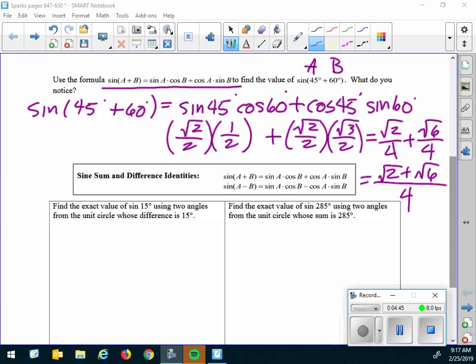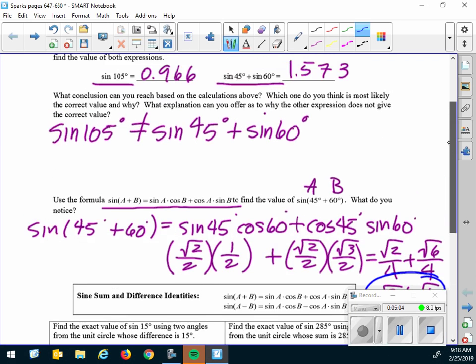Now I want you to go to your calculator and do this. Please use the fraction feature, alpha y equals. I'm going to pause while I do it. Now, you should get approximately 0.966. Look right here.